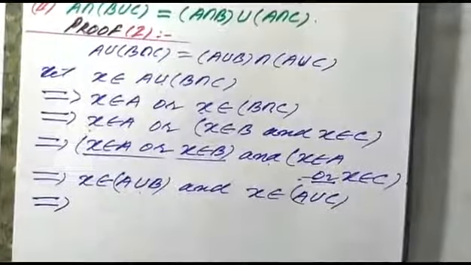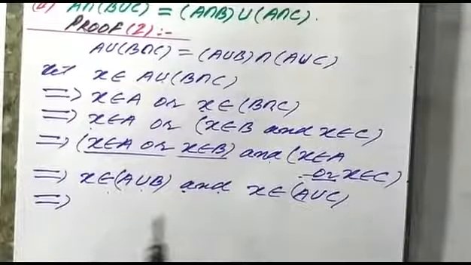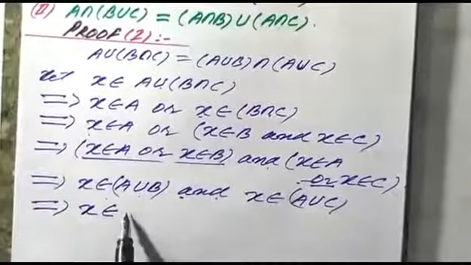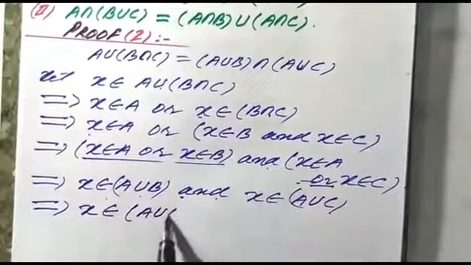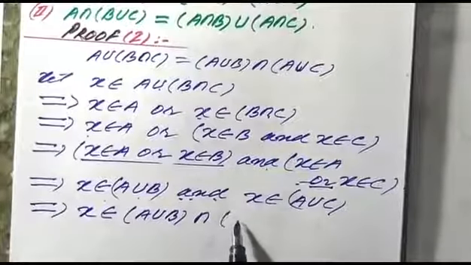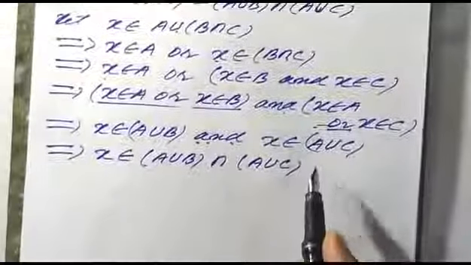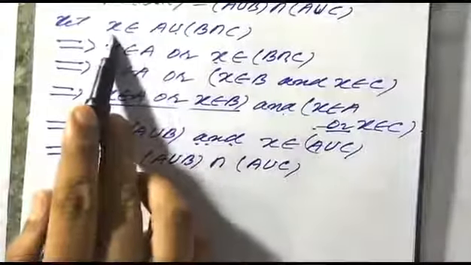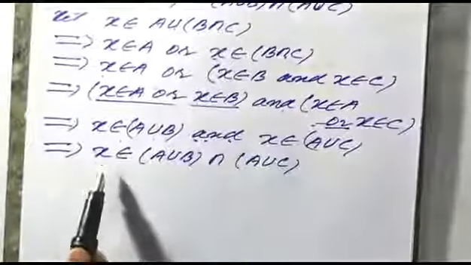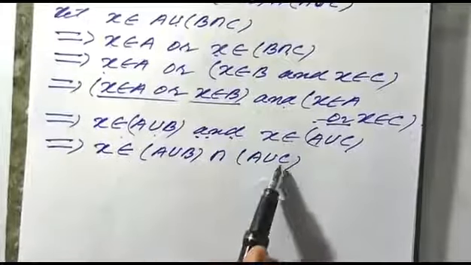Now these two statements are connected with AND, so they may be written as X belongs to (A union B) intersection (A union C), using intersection for AND. So we have taken an arbitrary element X from A union (B intersection C), and we have proved that X belongs to (A union B) intersection (A union C).